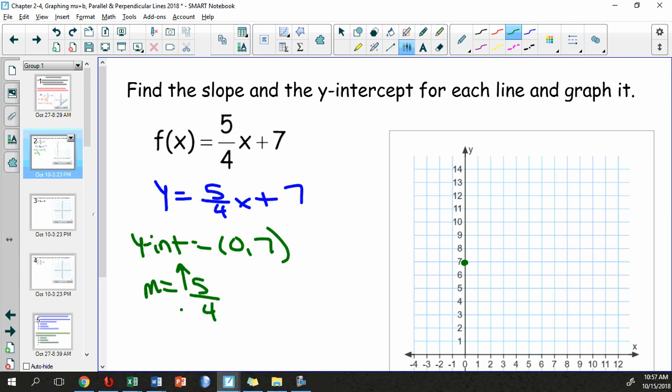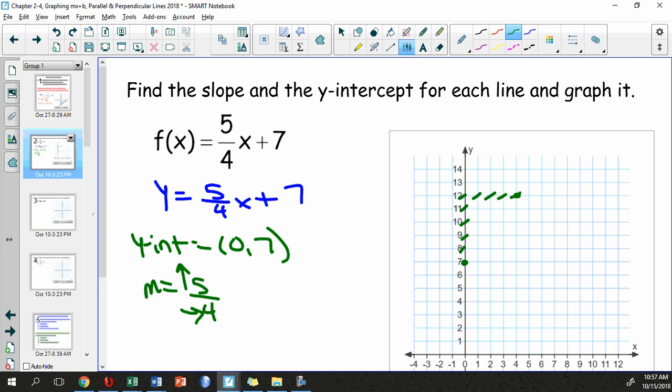And then I'm going to run to the right. Why to the right? Because it's positive, not because it's even, but because it's positive. If it was negative, I'd go to the left. Okay, so from 0, 7, I'm going to go up 1, 2, 3, 4, 5 units, and then to the right 4. 1, 2, 3, 4. Do we see that point there, yes or no?